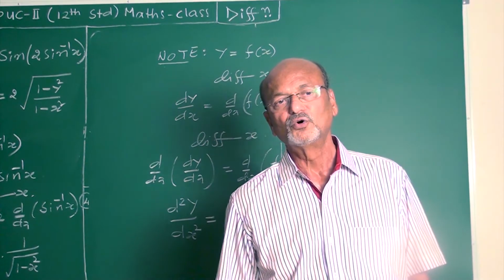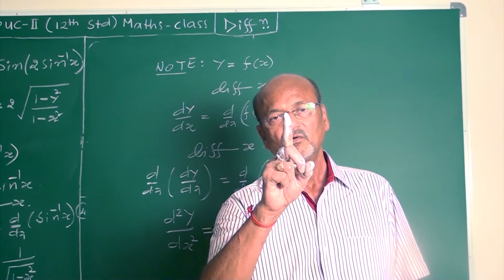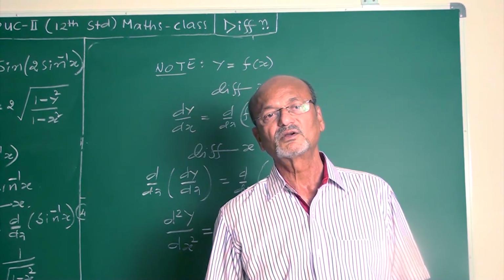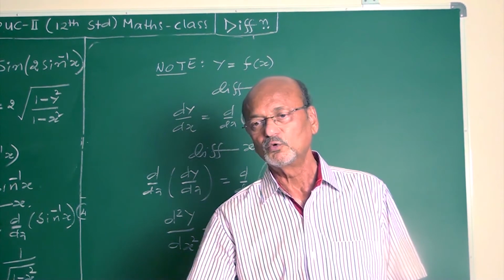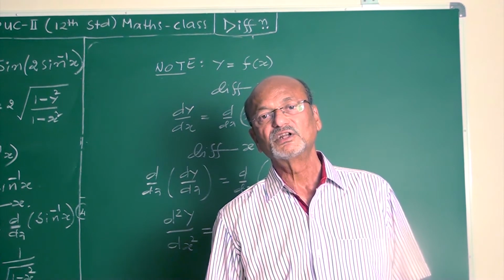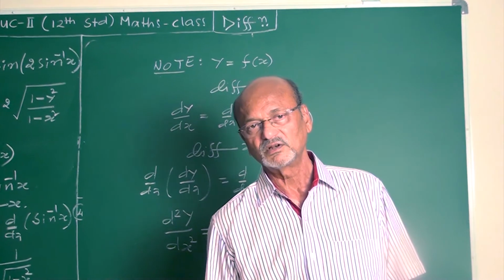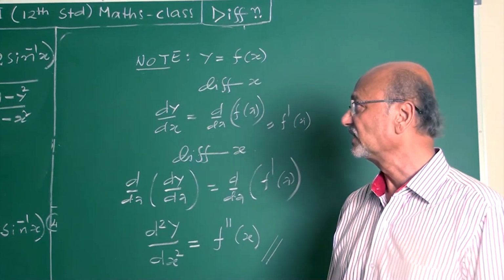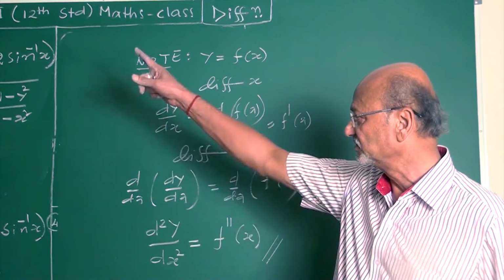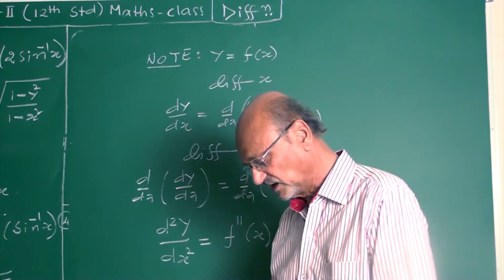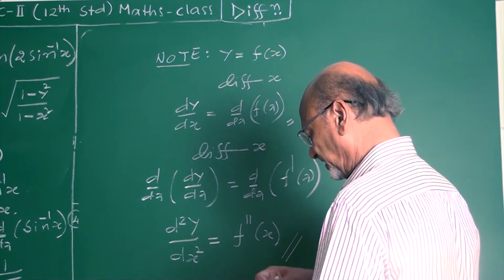As new, you have one example under 2 mark questions. Now I will do the examples given in your textbook as well as the model question paper. Some examples I will do on second derivatives, my friends. I hope this is clear. Now I am going to do the second derivative examples.